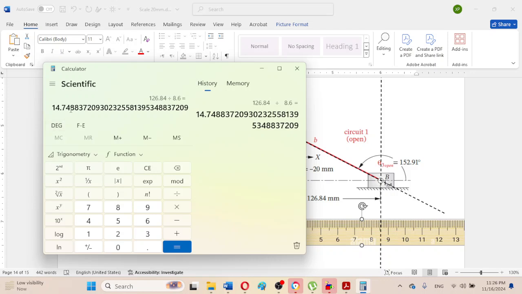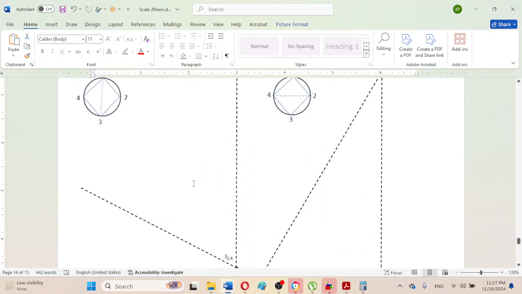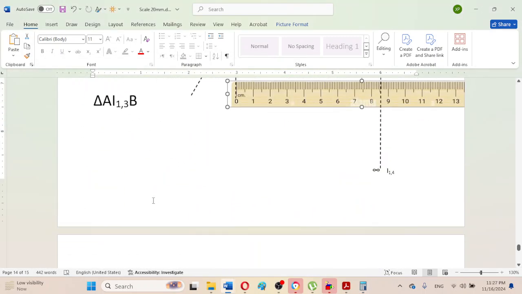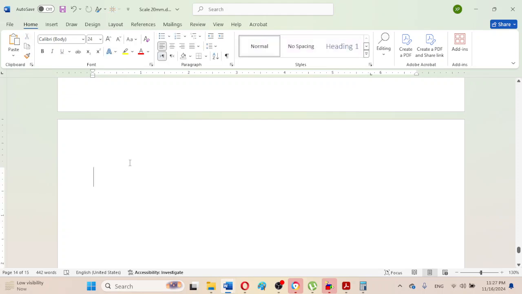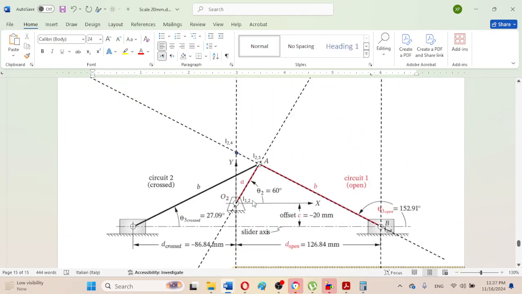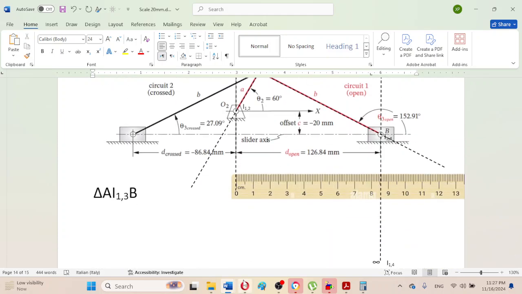So 1 centimeter here I can mention the scale on the next page, for example, 1 centimeter is equal to 14.7 millimeter approximately in this view.